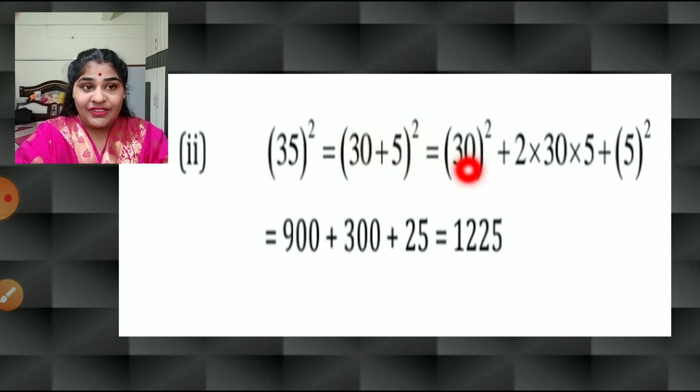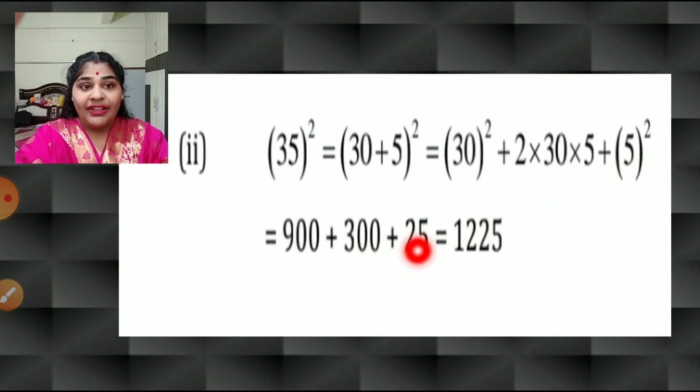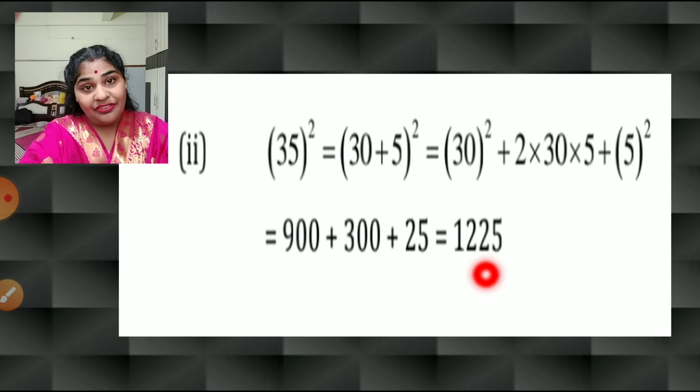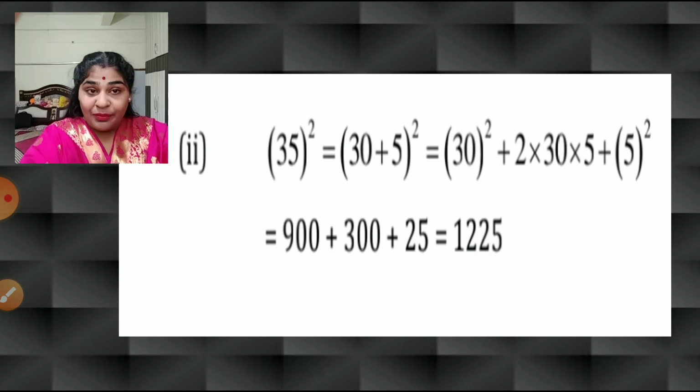So 30 square plus 2 into 30 into 5 plus 5 square. So let us find out. 30 square will be again 900, plus 2 into 30 into 5 is 300, plus 5 square is 25. So 900 plus 300 plus 25 is equal to 1225. I hope this is clear, children.